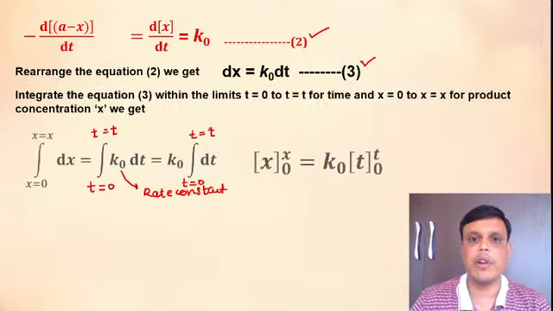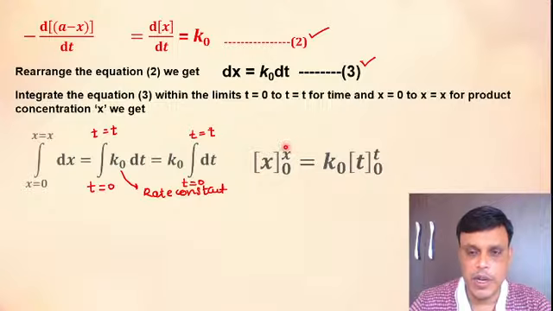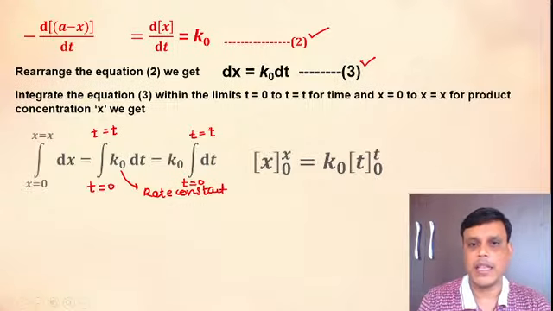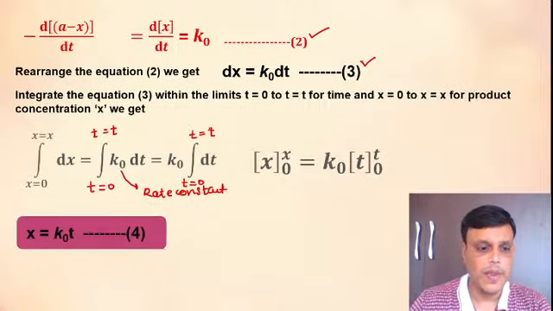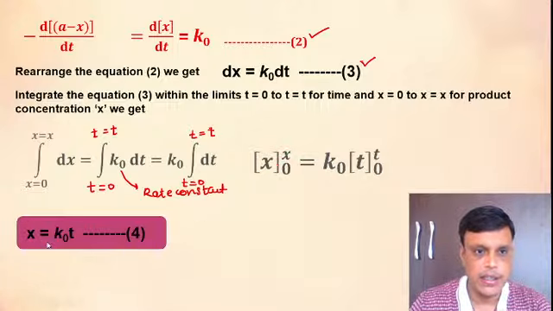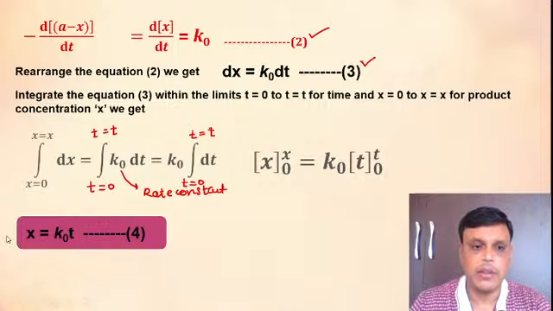After integrating, what we will get: the concentration of x, lower limit 0 and upper limit x, equals k0 times t, lower limit 0, upper limit t. So by subtracting lower limit from upper limit, x minus 0 will be x, and k0 times t minus 0 will be t, which is x is equal to k0 t.